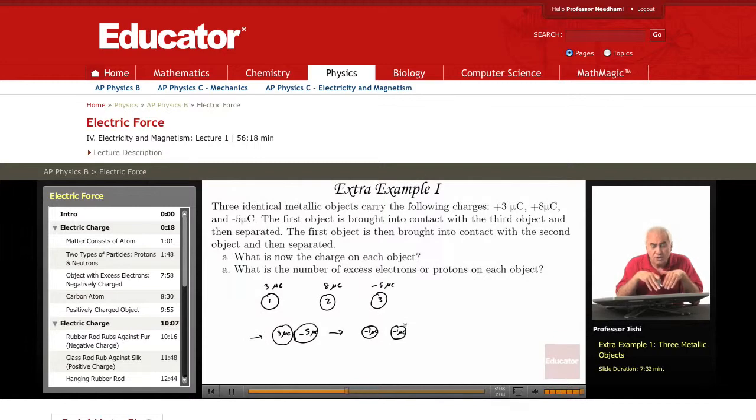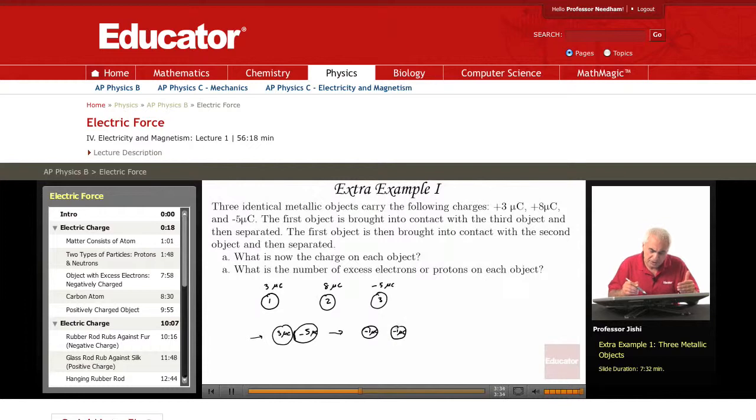Because the total charge is -2, and that -2 will be divided equally between the two objects. So at the end of this step, number 1 is -1 and number 3 is -1 microcoulombs.